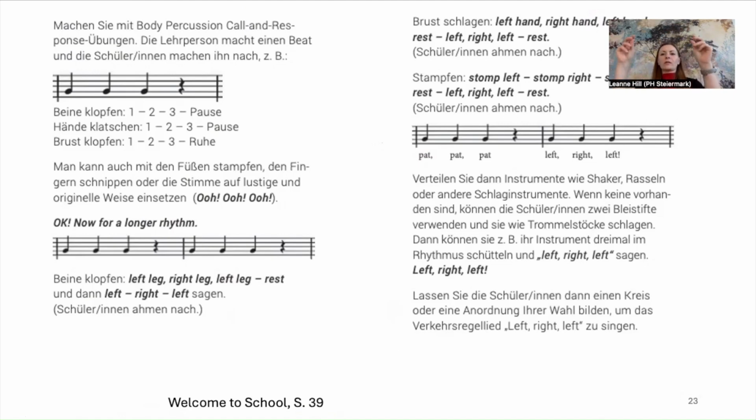Maybe clapping 1, 2, 3, and the kids clap. Then I can make it a bit longer. So maybe 1, 2, 3, left, right, left. And then the kids copy 1, 2, 3, left, right, left. And so I'm already practicing the first 2 words I need, left, right, left.